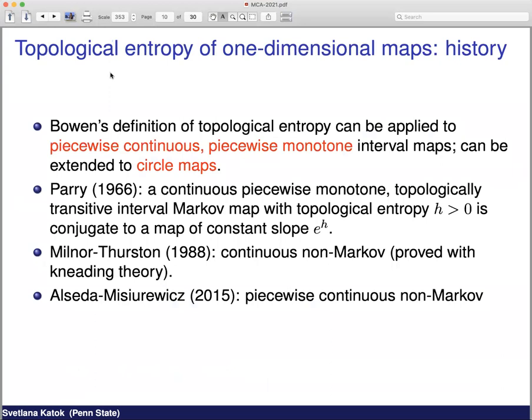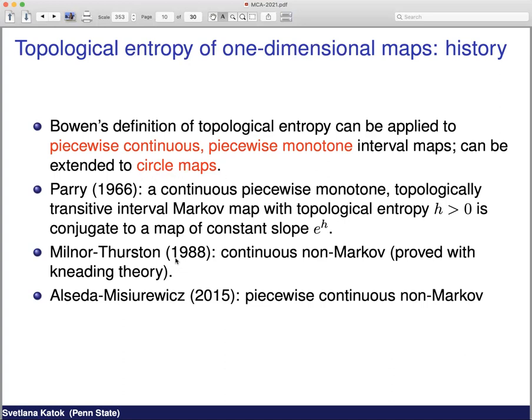Okay, so let me talk a little bit about topological entropy. Originally topological entropy is defined for continuous maps, but Bowen's definition can be applied for piecewise continuous, piecewise monotone interval maps, and also can be extended to the circle maps. Okay, so no problem with this.